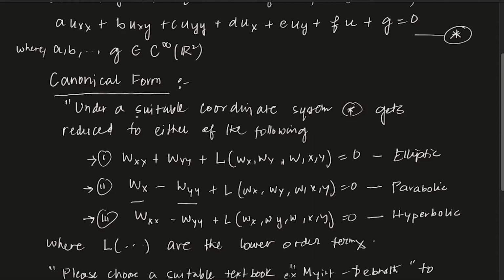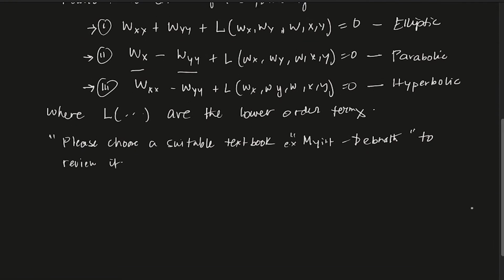Because ultimately, any linear second order equation can be reduced to one of these three forms. These are the fundamental forms. So basically, we call this an operator. L of w is wx plus wy. If we can study how these operators behave, then we are done. Then we can actually work out our problems.